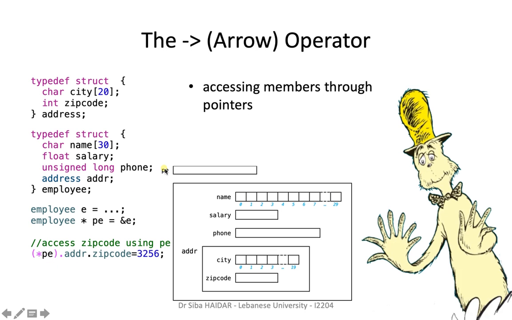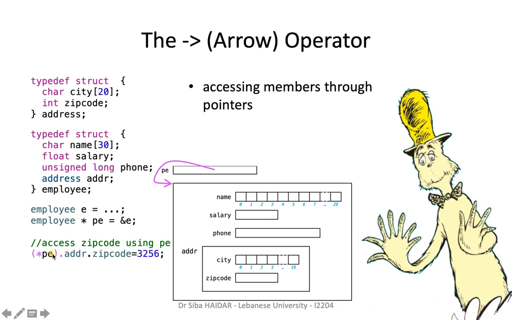So you have PE that references the structure employee. You need to dereference PE inside to reach this address. In order to enter inside the structure, you need then the dot operator, so you can get inside this compound type to go to addr, and then you need again to go inside addr, which is not a pointer here, so a dot will be just fine.